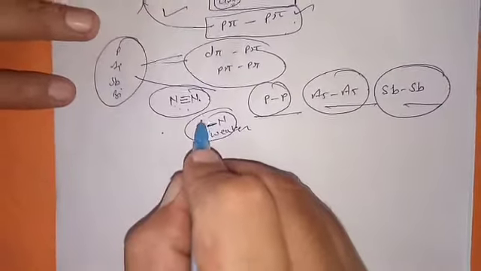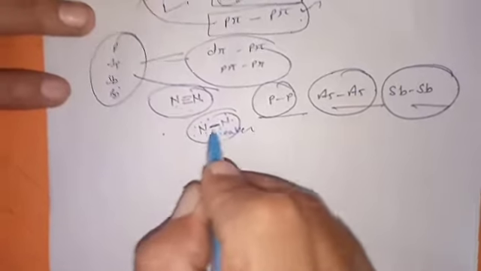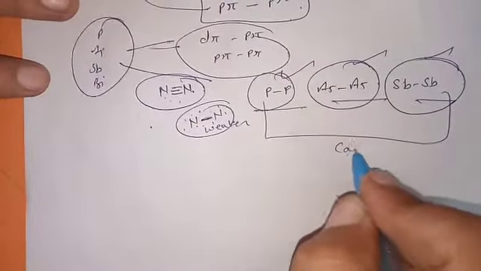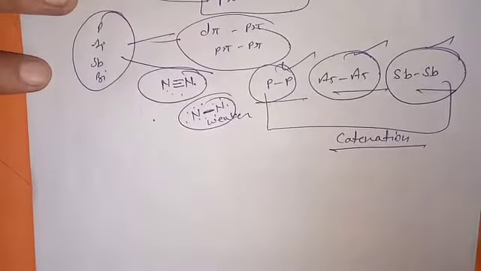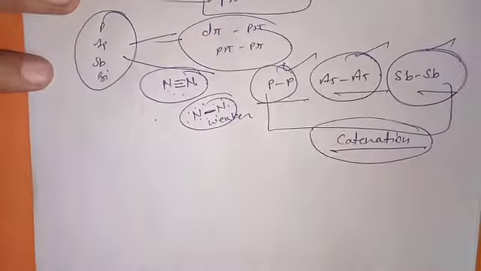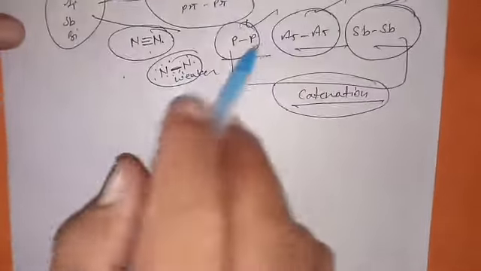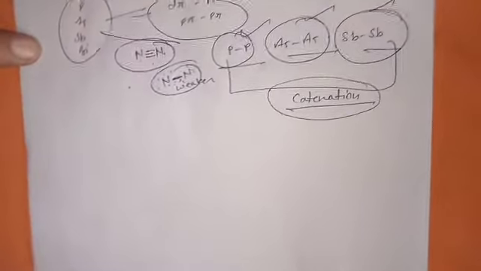Why? Because non-bonding electrons are more available, so the repulsion is more, and that's why the bond is weaker. That's why the other elements are capable of good catenation, but nitrogen is not able to show catenation, because its single bond is weaker as compared to the rest of the elements.